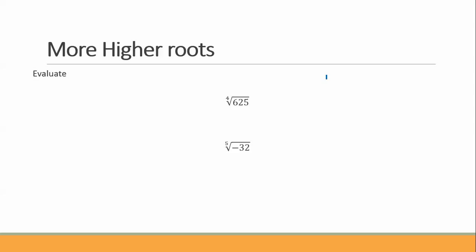Let's evaluate. Now we have the 4th root. This is asking us, we want something to the 4th power, something times itself 4 times, that is equal to 625.